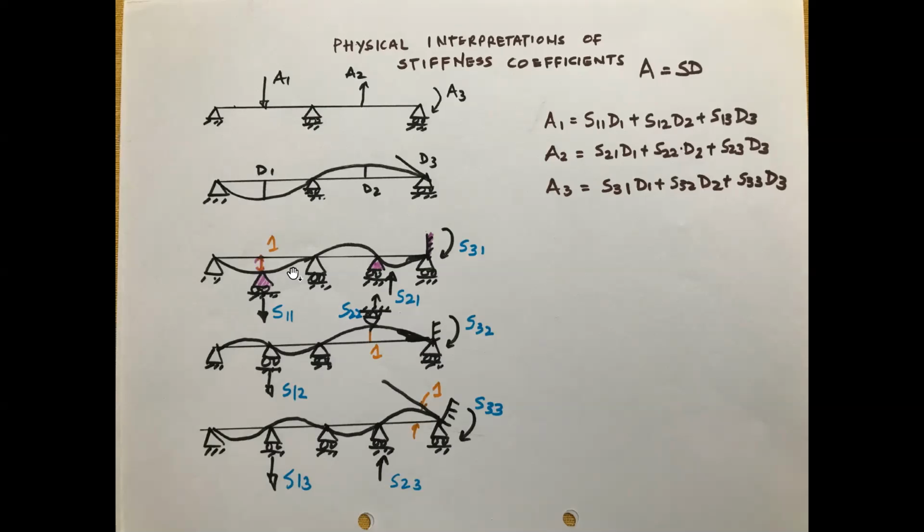Like if the flexibility is the displacement because of unit force, just like that, stiffness is the force because of the unit displacement. So where I have put the unit displacement, there I have to show a force, and that force is called stiffness. To generate stiffness, I have to show the force here because it is the external force.